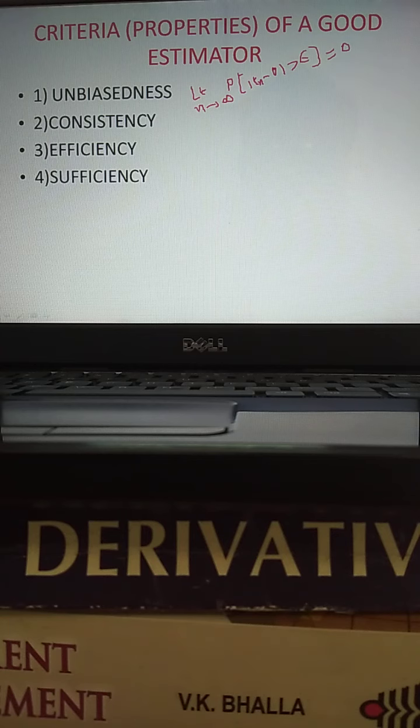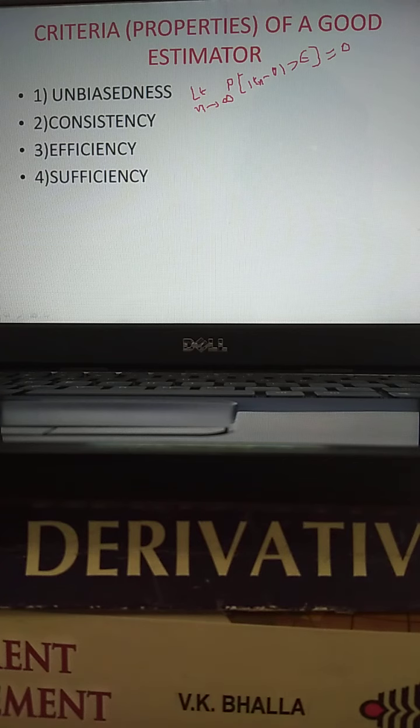So these are all called the criteria of a good estimator. Understand what those are? The first one is unbiasedness, the second is consistency, the third is efficiency, the fourth is sufficiency. But remember that no formula satisfies all these properties.